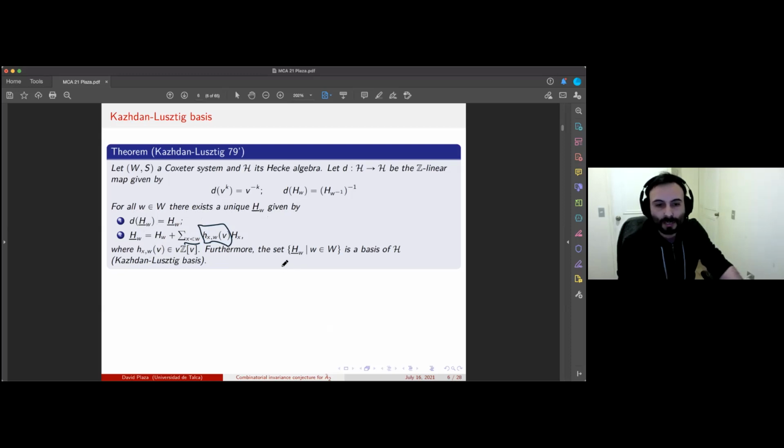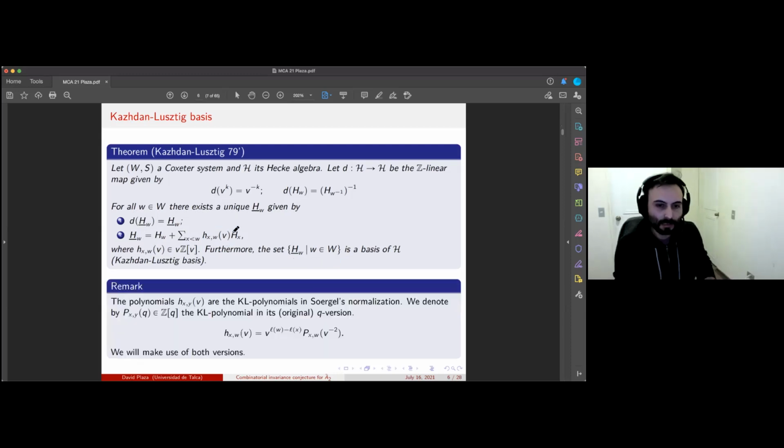And because of the triangularity, it's clear that this is a basis for the Hecke algebra, and these polynomials are the well-known Kazhdan-Lusztig polynomials, but they are the Kazhdan-Lusztig polynomials in Soergel's normalization.